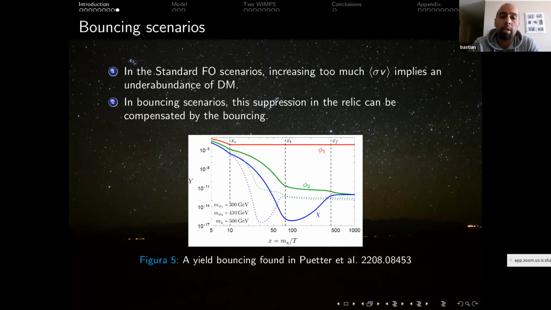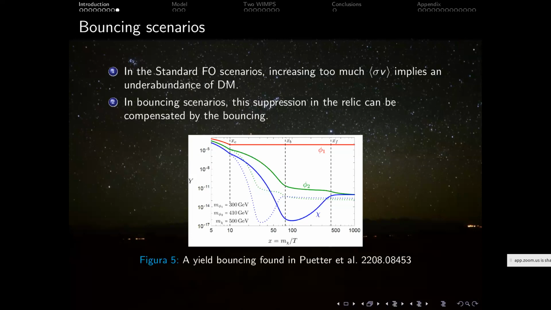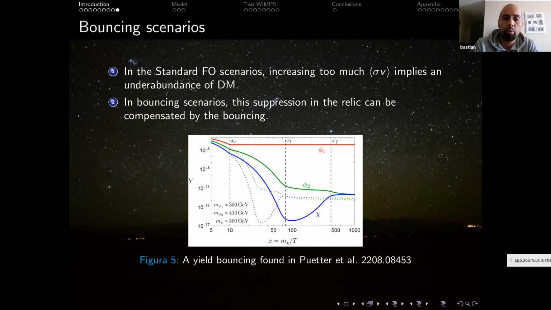So, for instance, what you call bouncing is the fact that the yield is increasing. Exactly. This is what I wanted to show you with this plot, which comes from a paper from last year, in which they studied a certain model.